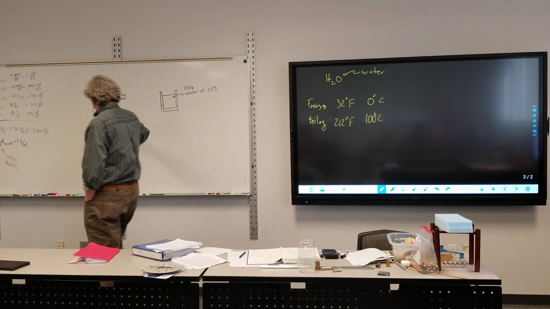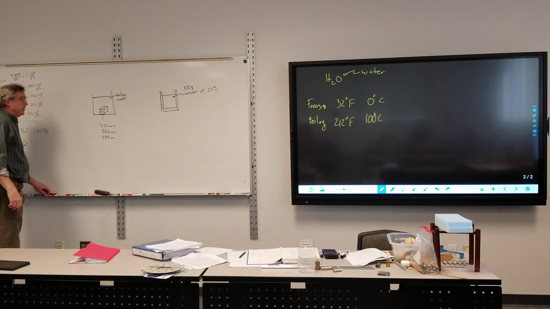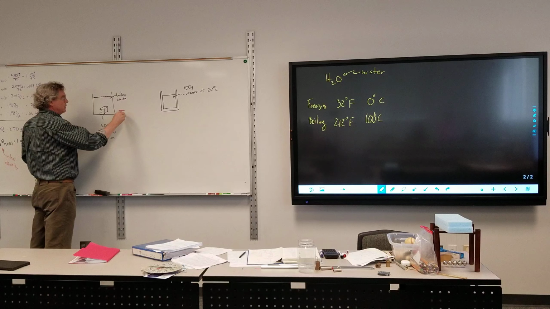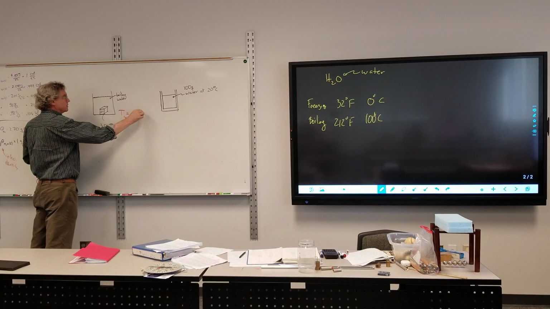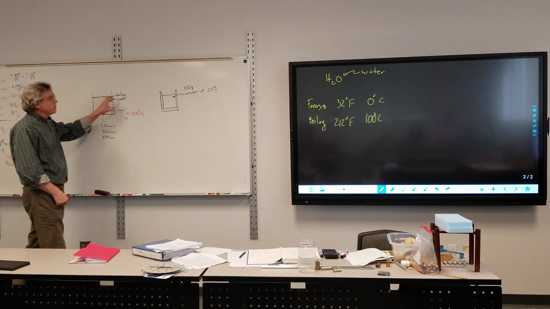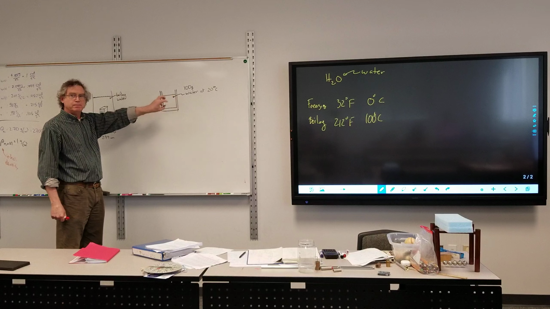All right, so we now have this aluminum block at 100 degrees Celsius. So my initial temperature of the aluminum is 100 degrees Celsius. Through the magic of the board problem, I'm going to transfer that, still at 100 degrees Celsius, and stick it in this water here.